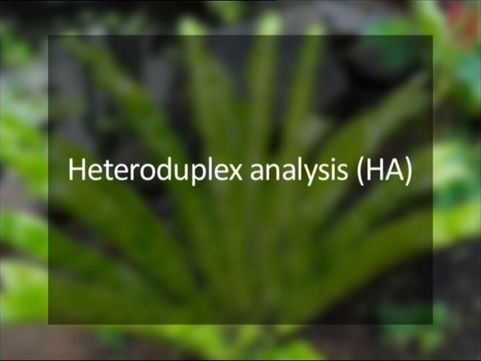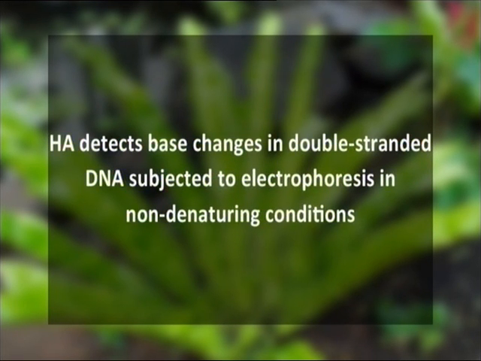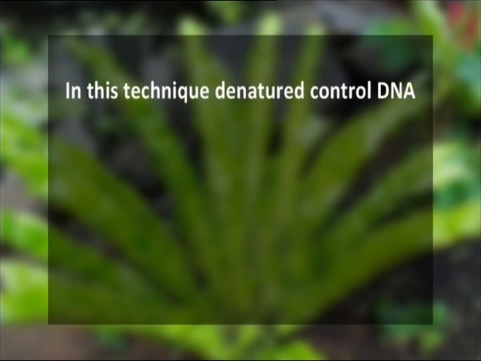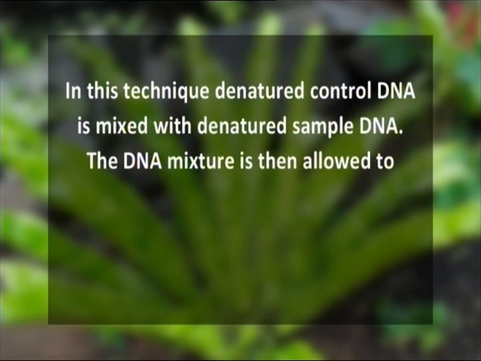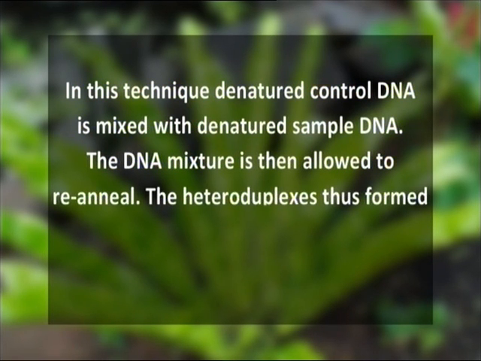Now, the next technique is heteroduplex analysis, abbreviated as HA. HA detects base changes in double-stranded DNA subject to electrophoresis in non-denaturing conditions. In this technique, denatured control DNA is mixed with denatured sample DNA. The DNA mixture is then allowed to reanneal.